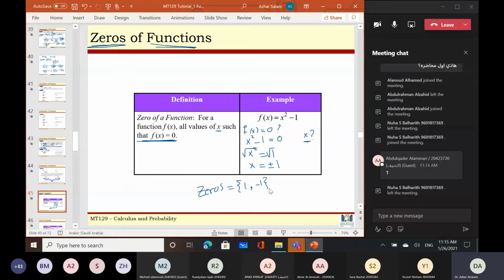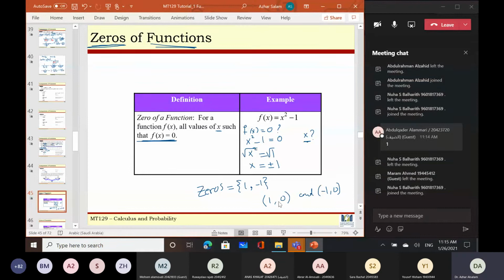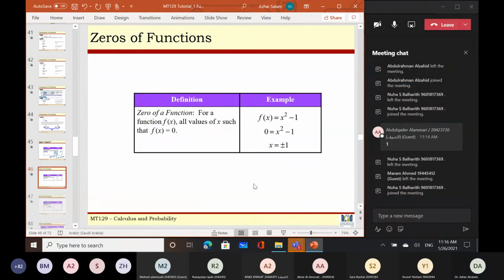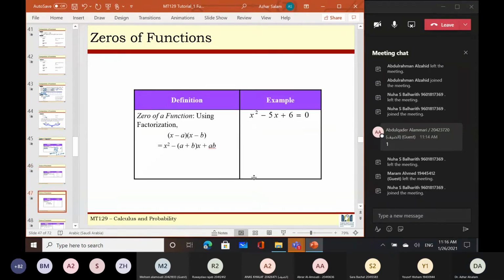If I represent it as points, it will be (1, 0) and (minus 1, 0). هذه لما أمثلها كنقاط، هذه لما أكتبها كمجموعة. Okay, this is the solution in the slide.